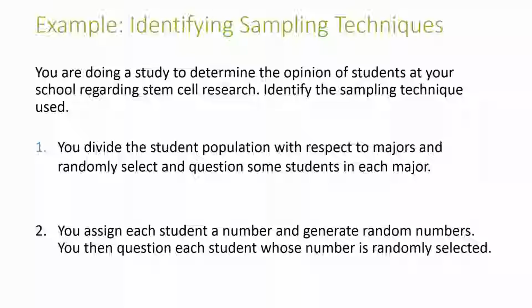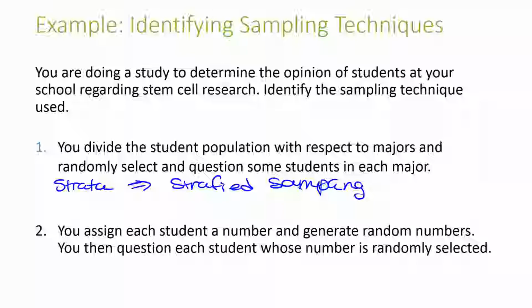The idea here being that the religion and biology department are probably, or may very well have, different opinions on the topic. So here we are separating the different students by major into something we call strata. And so that means we are using the stratified sampling method because we're separating by group and selecting a few people from each group.